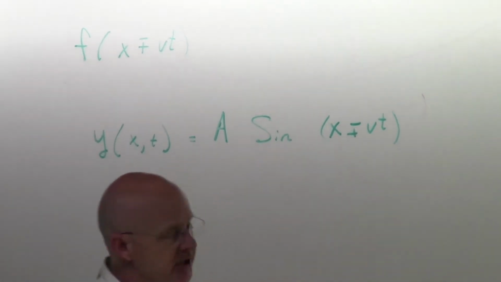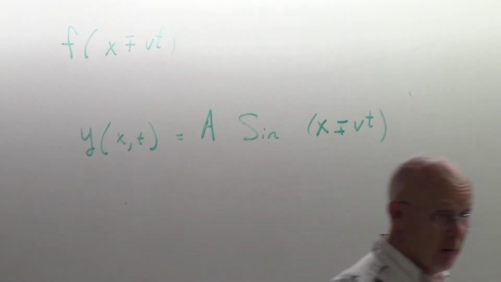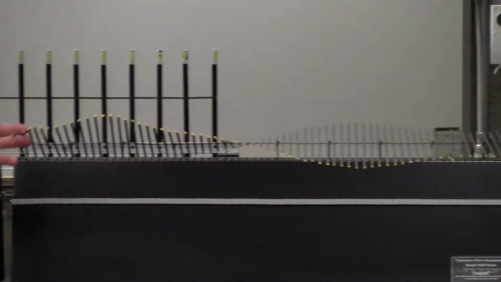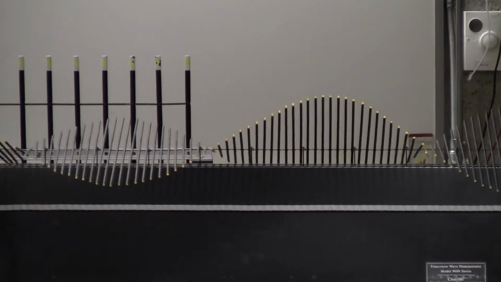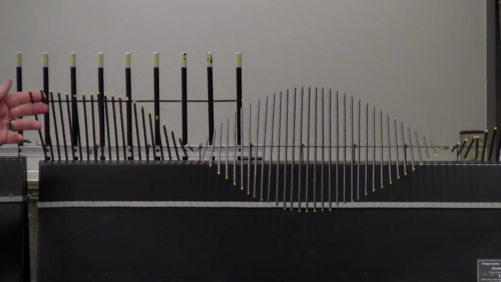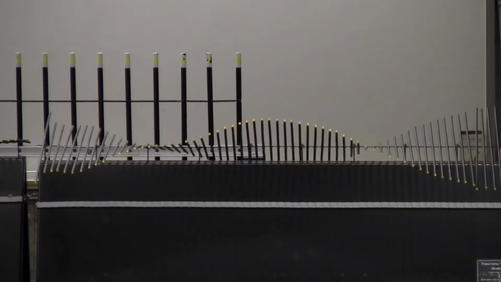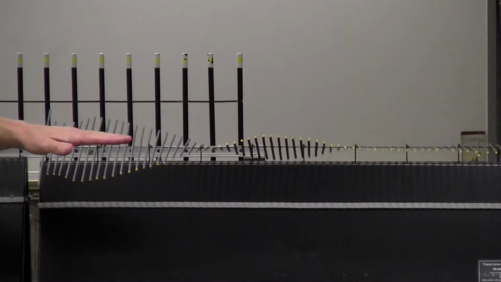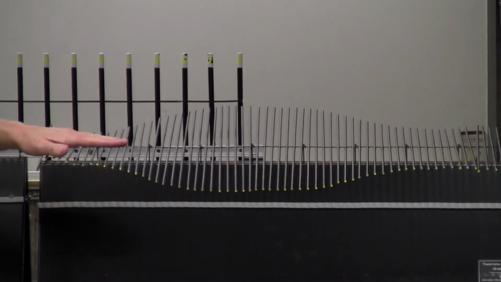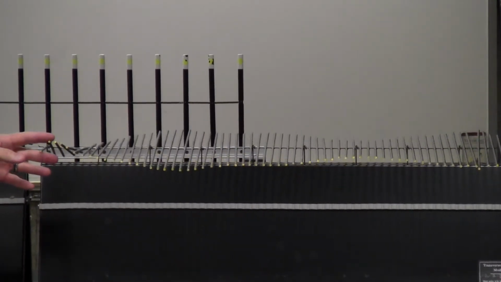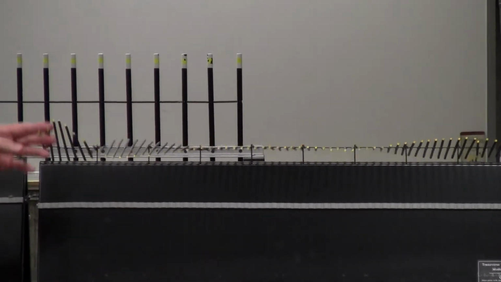Here's where it gets a little more interesting. What else could happen with a wave? Well, it could look like this, where I have a long wavelength. Or it could look like this.